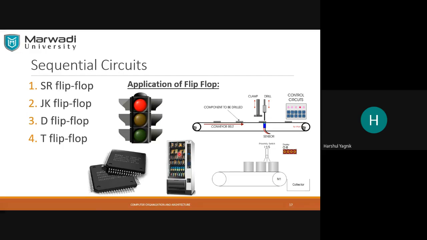Similarly, you see in the vending machines, right? The machine will need to keep track of how many packets are there inside. So suppose there are 10 packets of chocolates, and someone orders 1 chocolate, then it will need to remember that now only 9 chocolates are present.